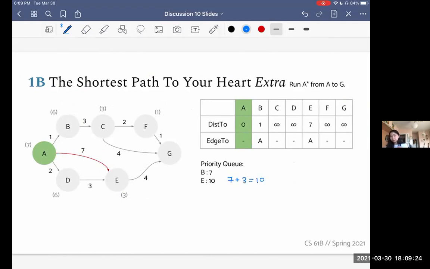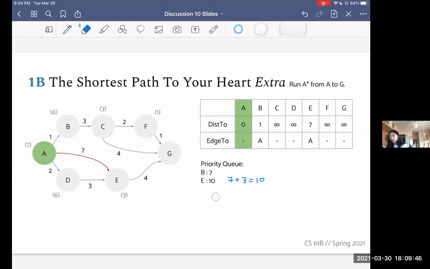That gives us 10. So not only do we know it takes 7 to get to E, we're going to guess that it takes 3 more to get to the goal from E. That would lead to a total path from A to E, and then from E all the way to the goal, of 10.